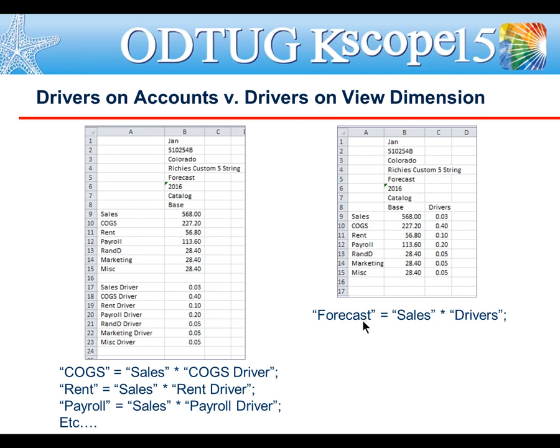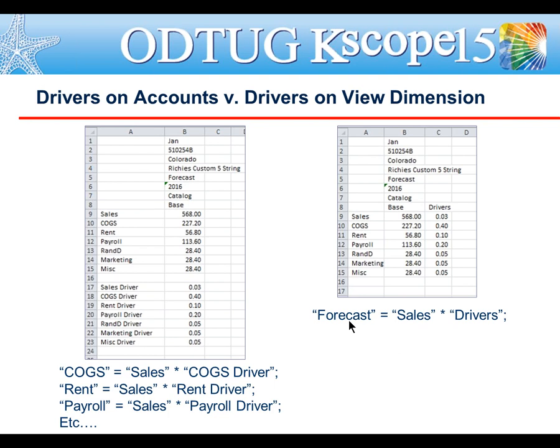And we only have to write one calculation line, because that's going to apply to everything if that calculation is being done on a different dimension, in this case scenario. It's going to apply to all the other members on all the other dimensions.